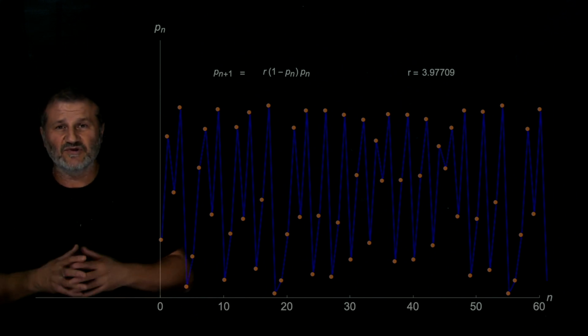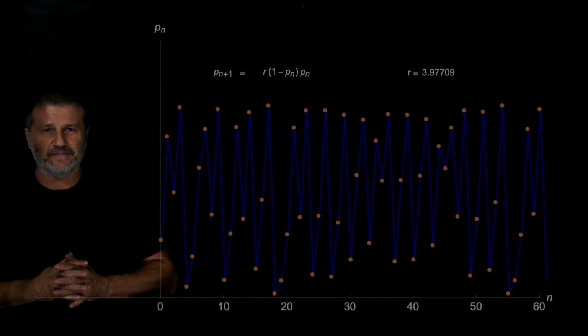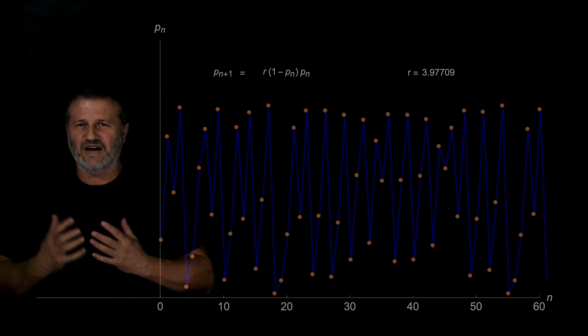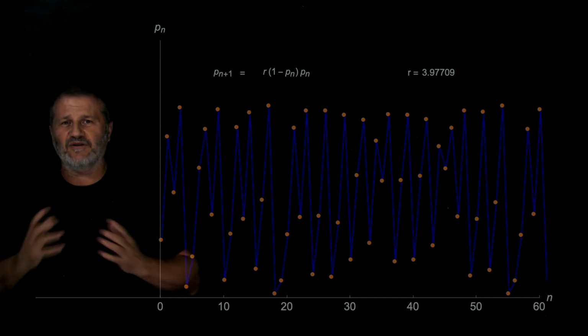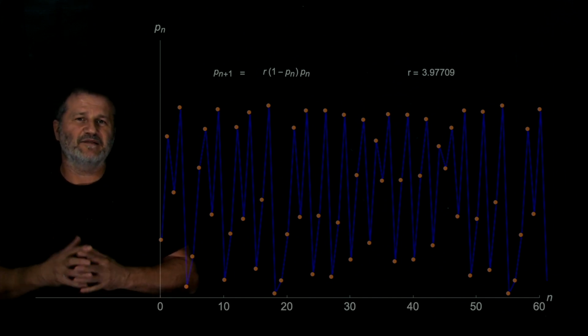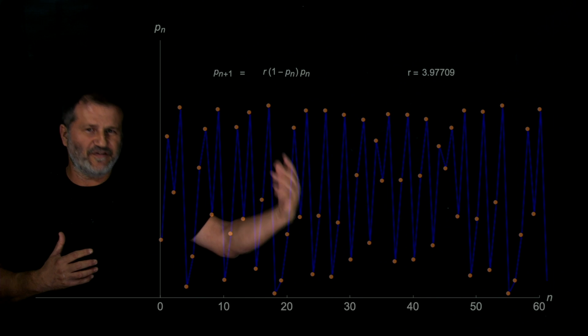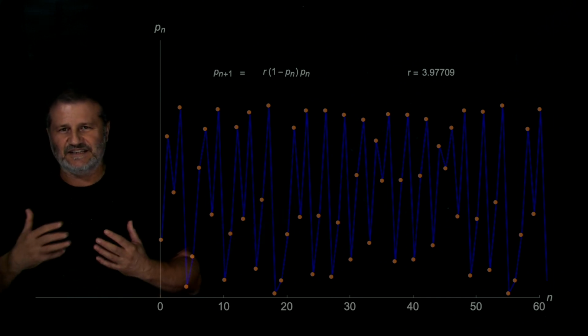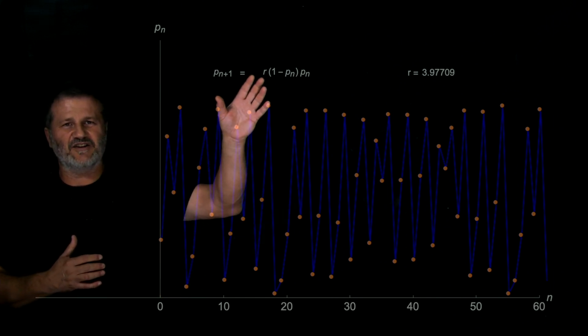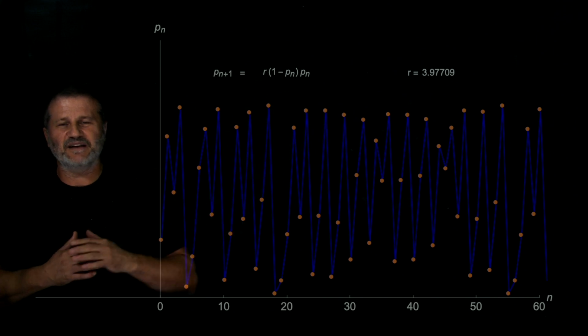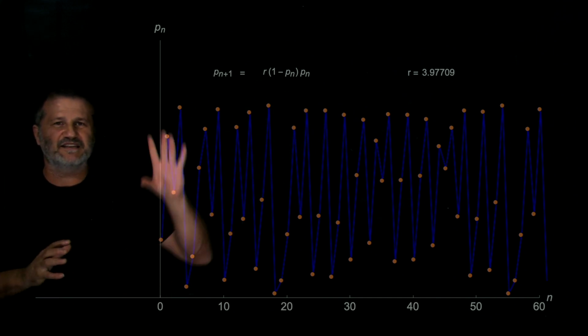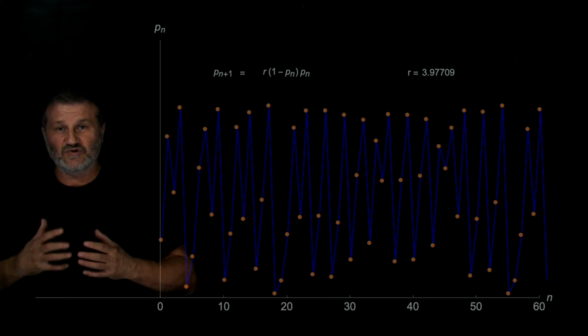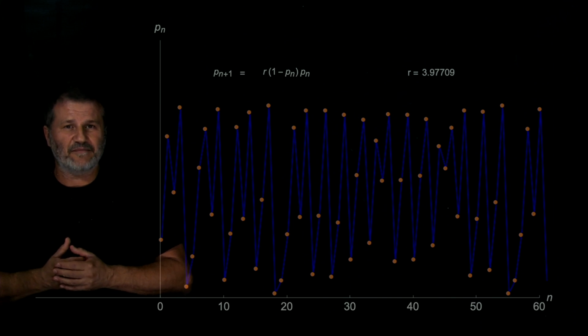It's hard to make long-time predictions here. So this is a prototype of what is called a chaotic system. In particular, these two features of this system, the sensitivity on r and the unpredictability in the long time in n, make this an ideal tool to construct random numbers.